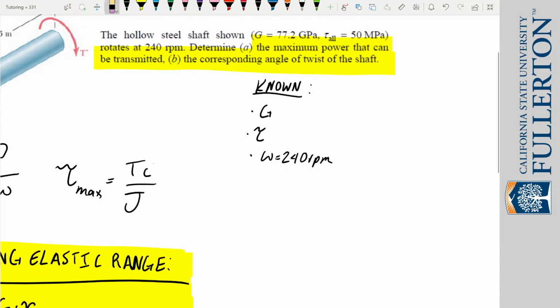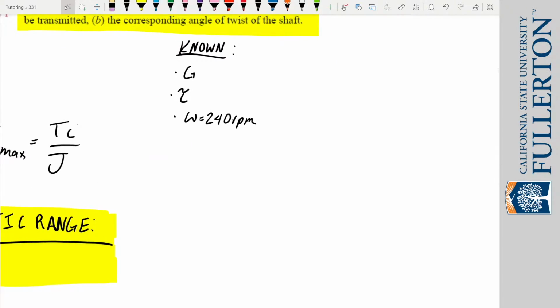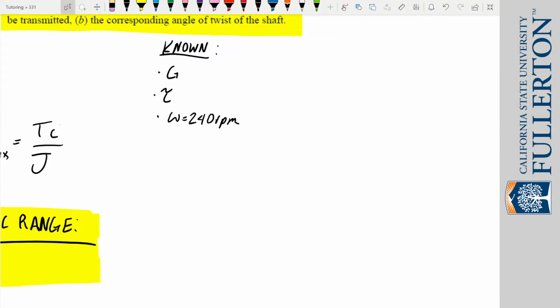But before I start, I want to do something pretty important here, which is convert from RPM to radians per second. Let's try and figure out by hand here how to convert from RPM to radians per second, where the thing comes from. 1 RPM is equal to 1 revolution per minute.